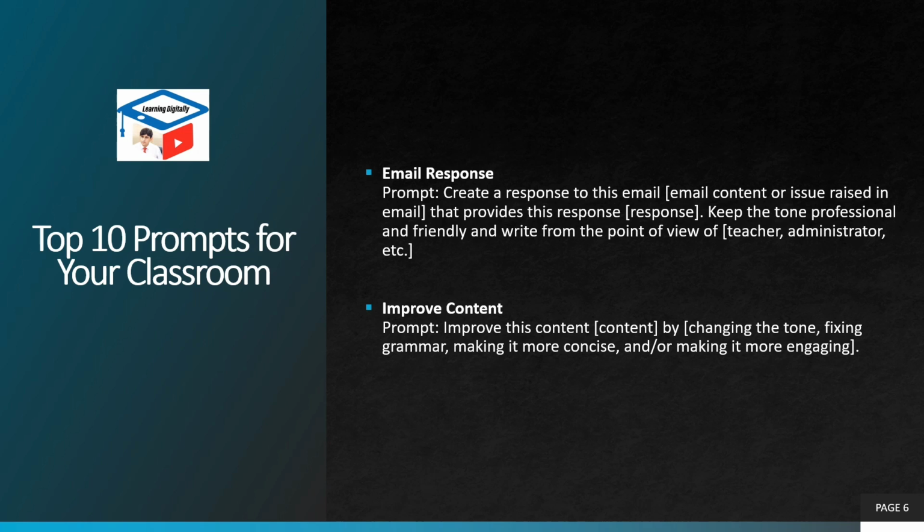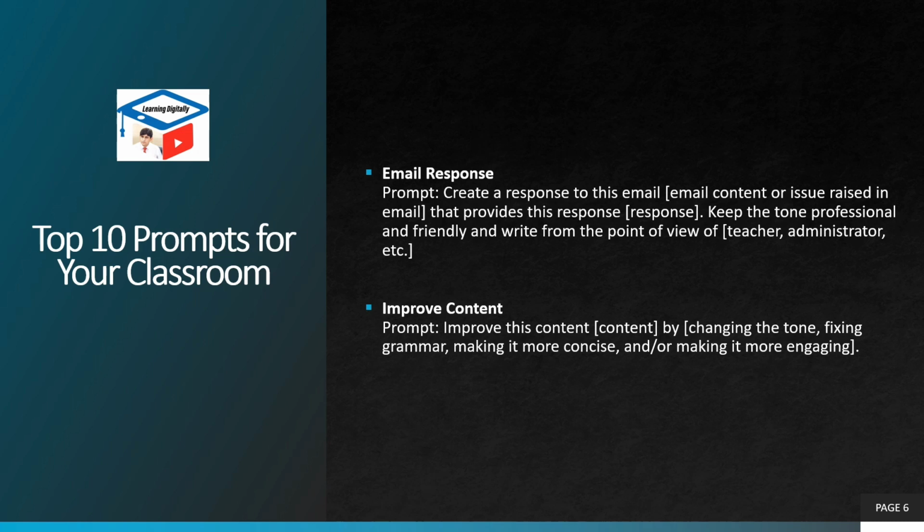Now instruct ChatGPT to keep the tone professional and friendly and write from the point of view of teacher or administrator. If you are a teacher, write the point of view of teacher. But if you are an administrator, then write the point of view of administrator. So ChatGPT will generate a response to the email which you have received from anyone.